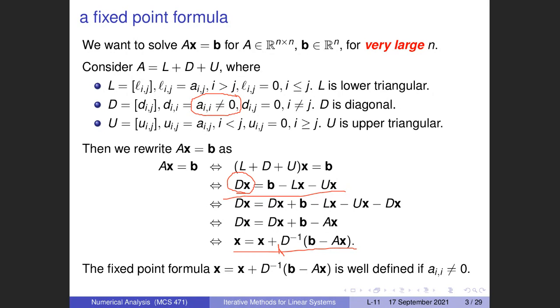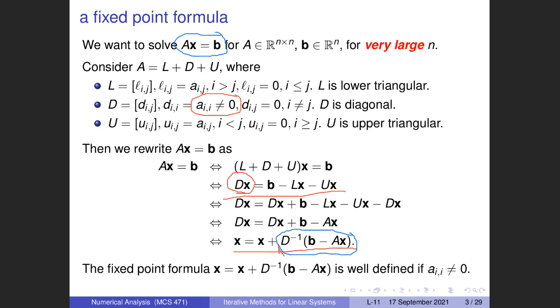So perhaps I will now switch to another color. In blue here, this will be the update factor, the update that we need to do as long as we are not yet at the fixed point. But you can see that the update factor is correlated to the residual, the b minus A times x. So we are solving here A times x equals b.